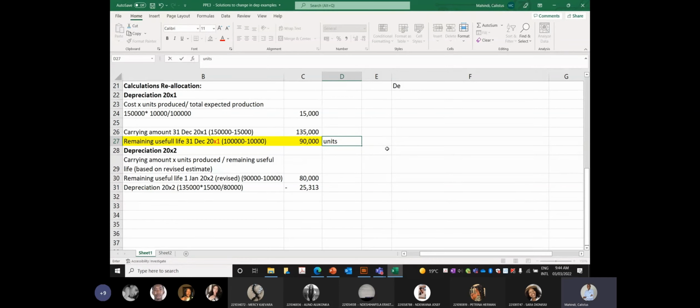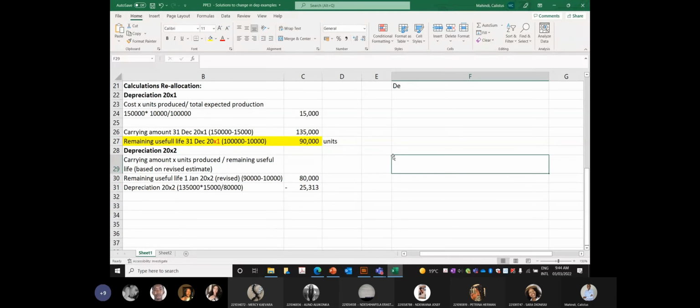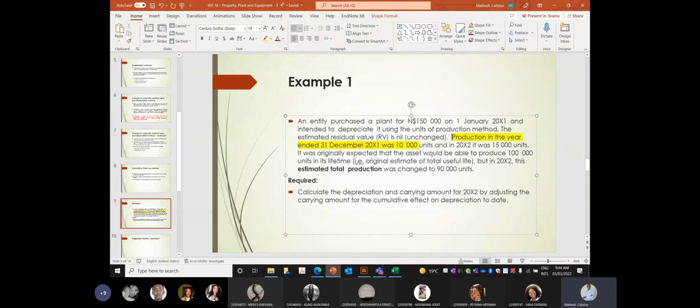All right. Now, the question goes on to tell us, in 20x2, the estimated total production was changed to 90,000 units. Now, this is important, and in bold it has been highlighted: estimated total production. Originally, the estimated total production was 100,000 units.